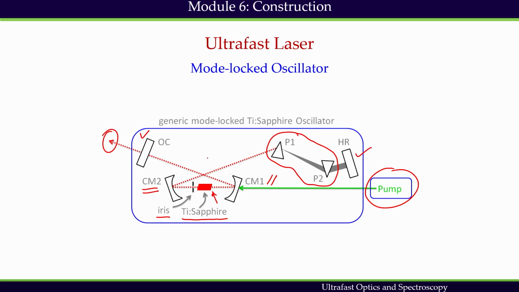So within this cavity we have 800 nanometer and the pump is 500 nanometer. That we can understand from the 4-level system. We have the pump which is 500 nanometer, higher frequency, and stimulated emission will occur at lower frequency which is 800 nanometer.